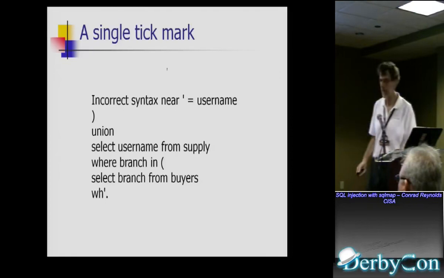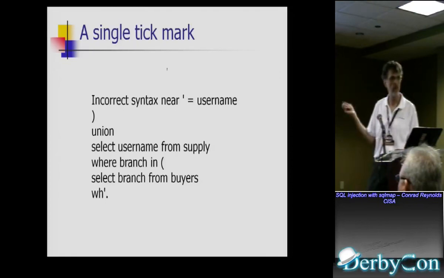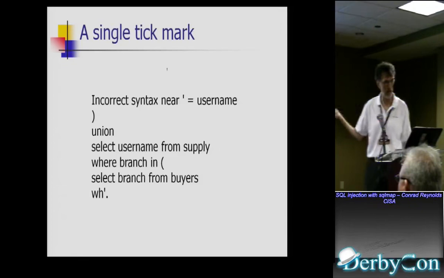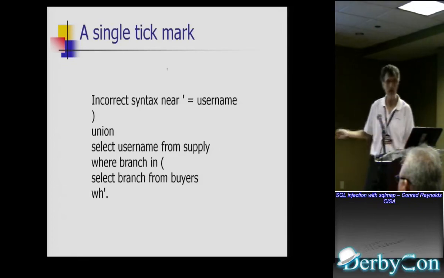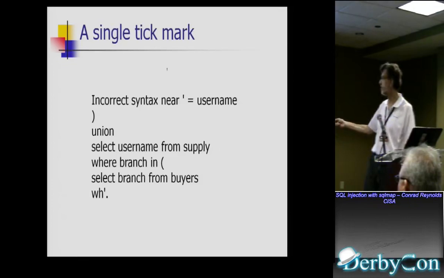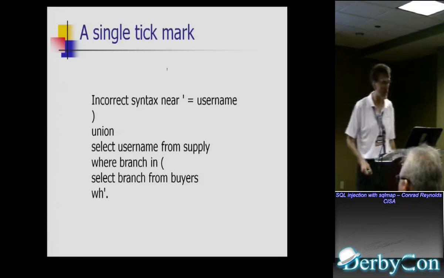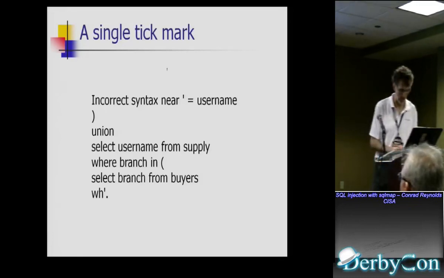It said invalid syntax near tick, which was probably the one I put in, equals username, paren, union, select, and then you could see it went on and on. It cut me off here in the middle of the where, so I couldn't see everything that was there, but it gave me enough to give me some ideas of some things to try.